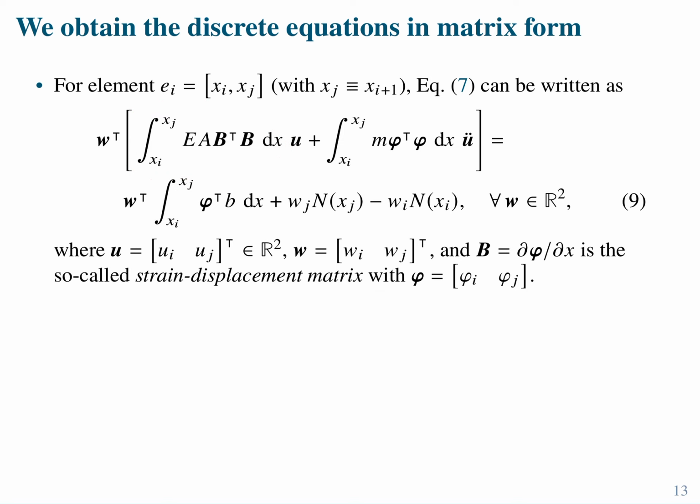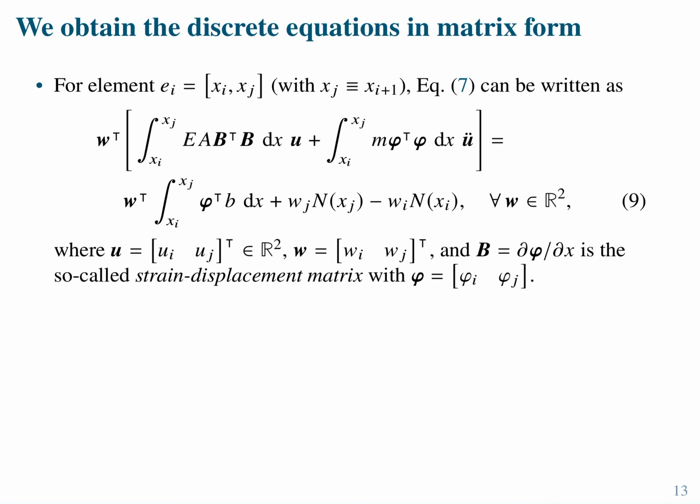But B is the so-called strain displacement matrix, okay? And it's called the strain displacement matrix very straightforwardly because it relates displacements to strains, right? So you can write basically the strain equals B times U at the local level. That's why it's called the strain displacement matrix. So again, B is the derivative of the shape function vector with respect to x. Remember that in our internal energy term, we require derivatives.